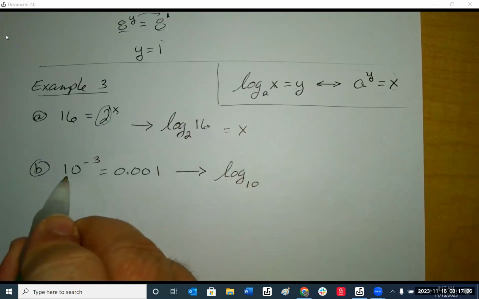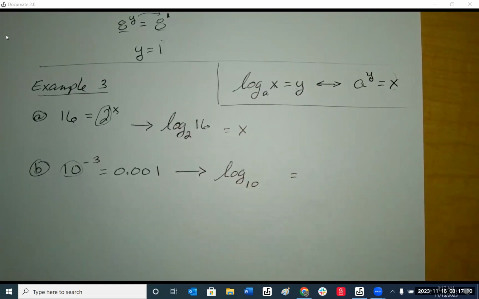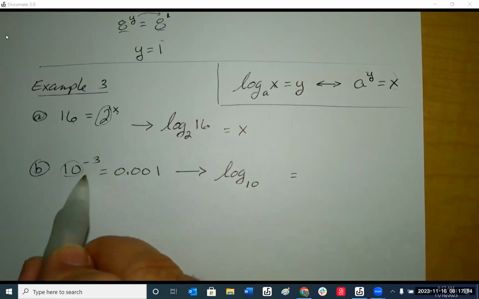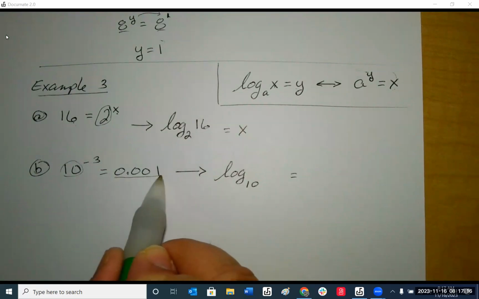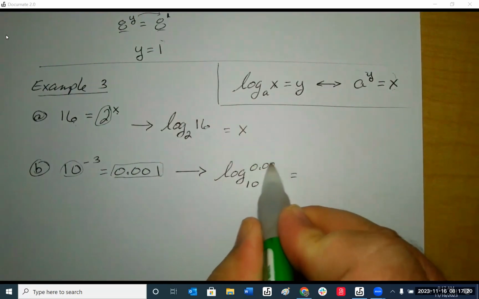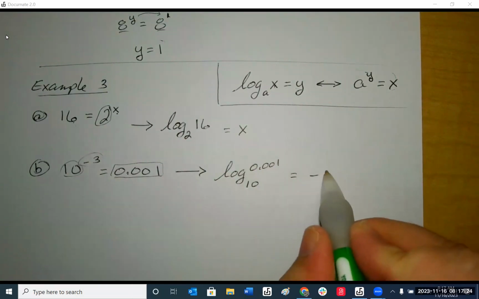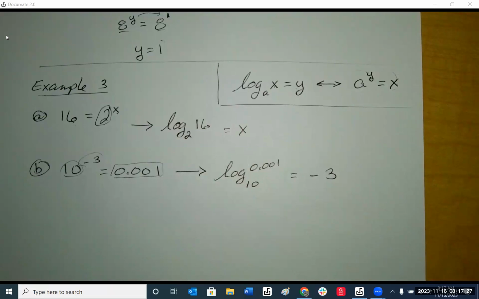Very good. Since this is the equal part, it goes inside the equation. And this negative 3 goes over here. Because now if we go the other direction, 10 to the power negative 3 equals that.